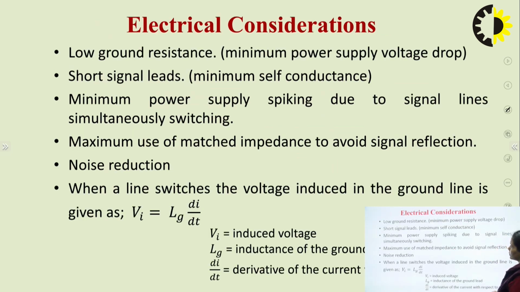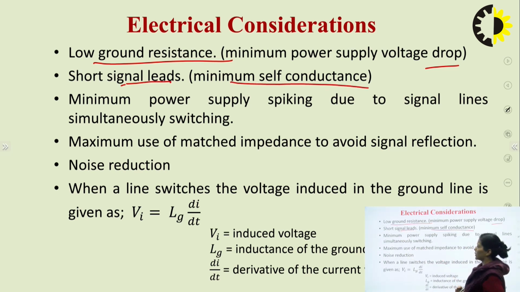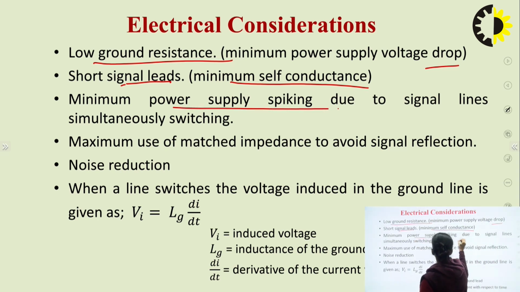Considering the electrical considerations, here there should be low ground resistance, that is a minimum power supply voltage drop should be there. Signal leads should be short enough so that they offer minimum self-inductance. Another important point to note is the minimum power supply spiking due to the signal lines simultaneously switching.